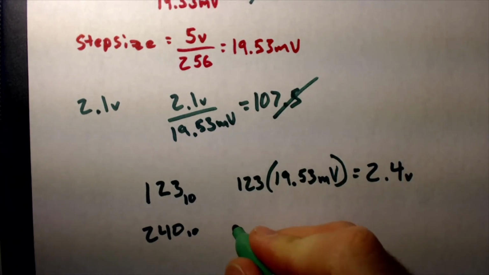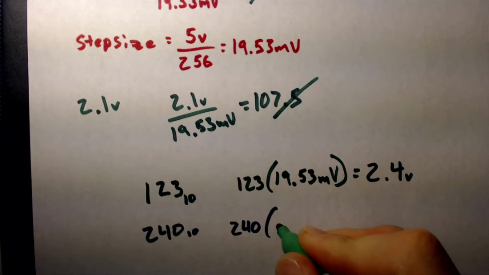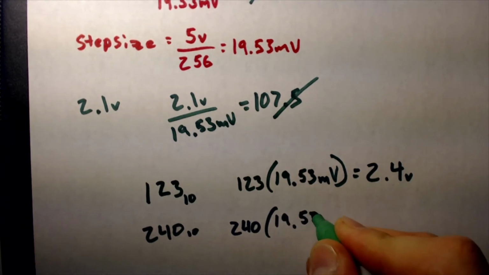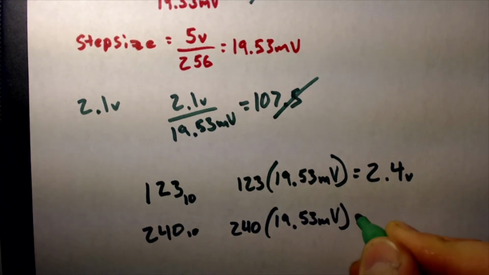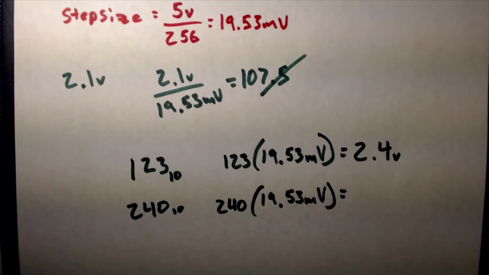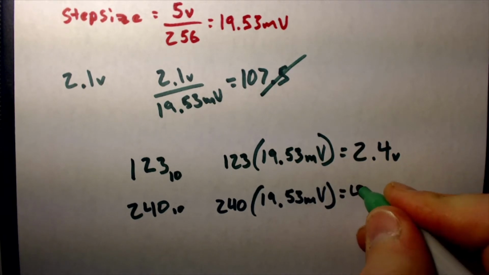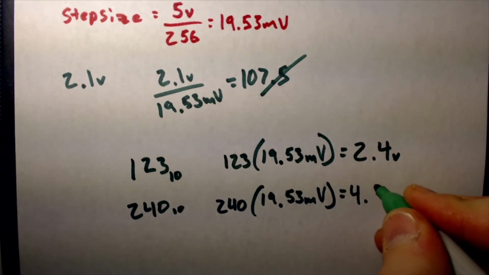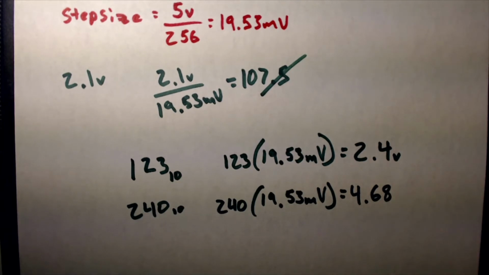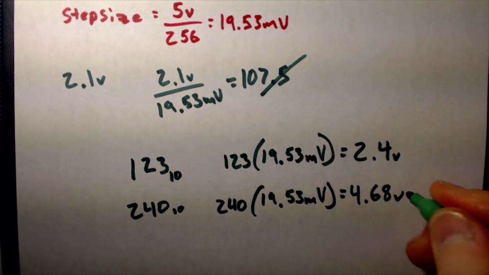Well, just take the number 240, multiply it by our step size, and we get 4.68 volts.